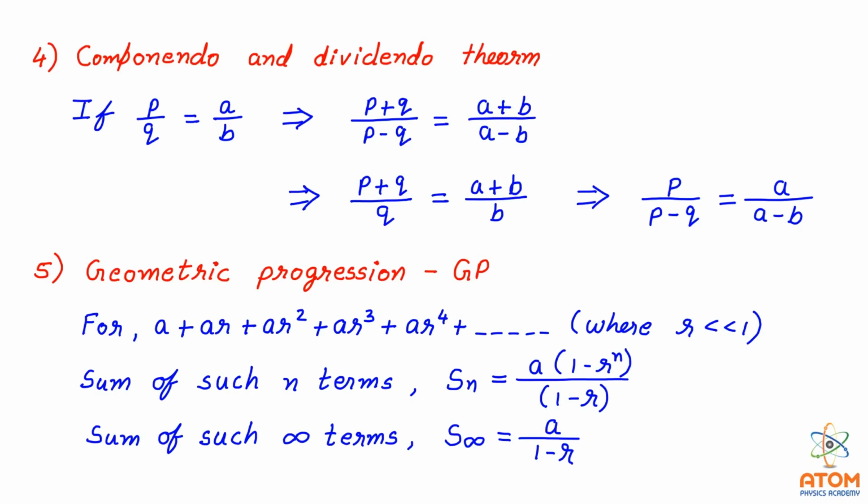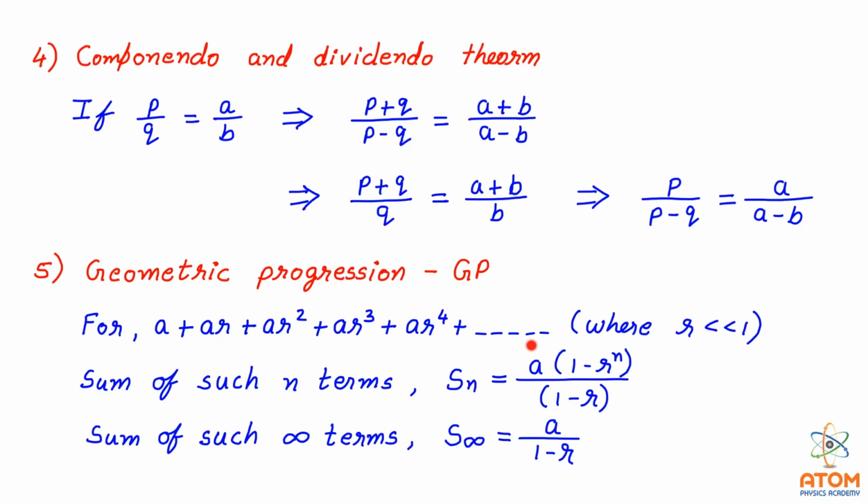It's very interesting to know that if we are having this type of n terms, then we can add all of them just by a simple equation, and that is Sn is equal to a 1 minus r raised to n upon 1 minus r. But mind well, here you have to check that this r should be very less than 1. And the sum of such type of infinite terms can be written as S infinite is equal to a upon 1 minus r only.